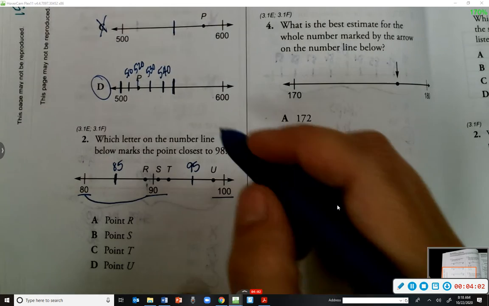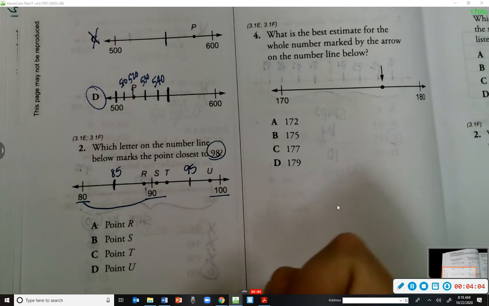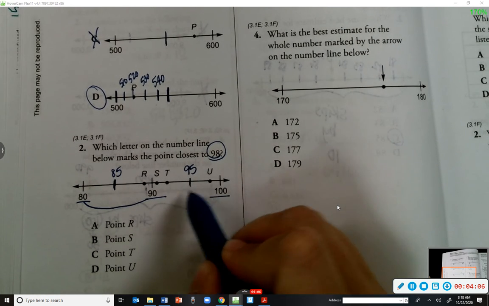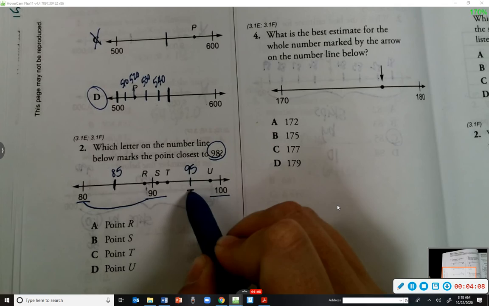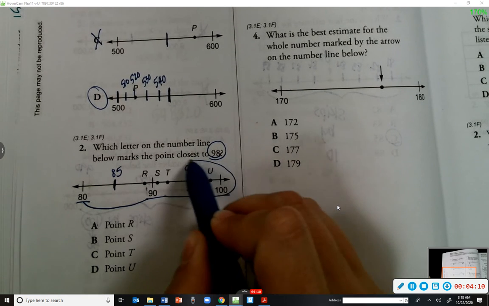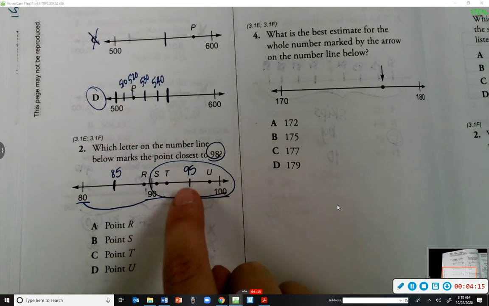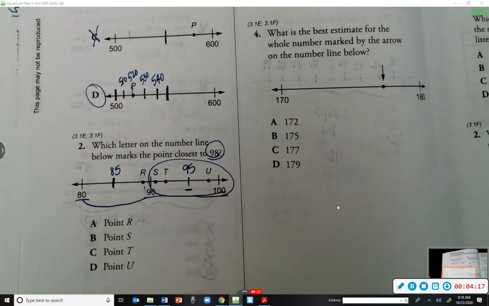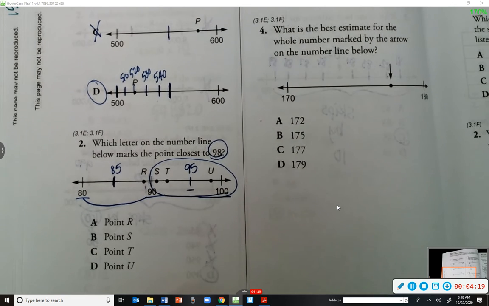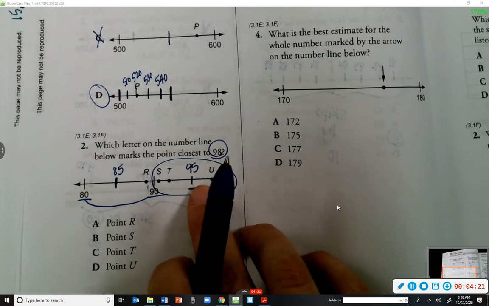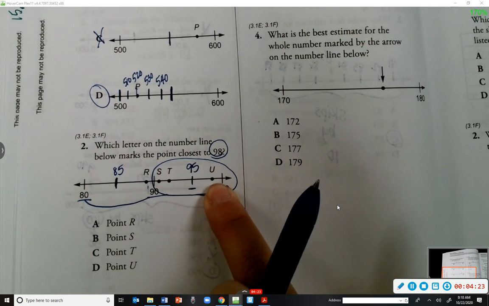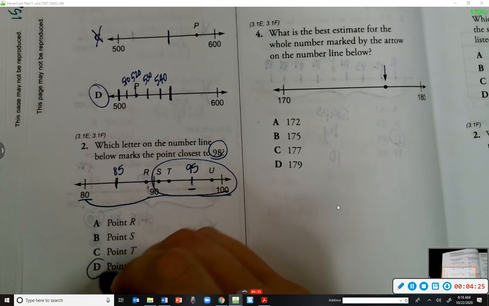I'm looking for 98, so I want to be somewhat close to 95. I can be looking at the dots before 95 or after 95. After. That makes it really easy, doesn't it? Because now I know there's only one that it could be, which would be U.